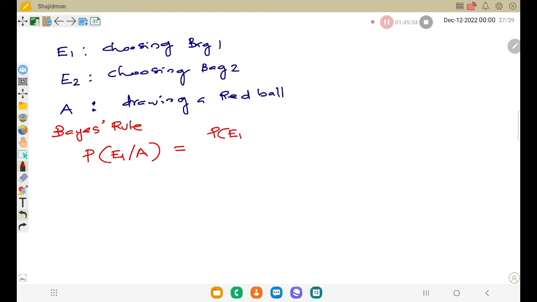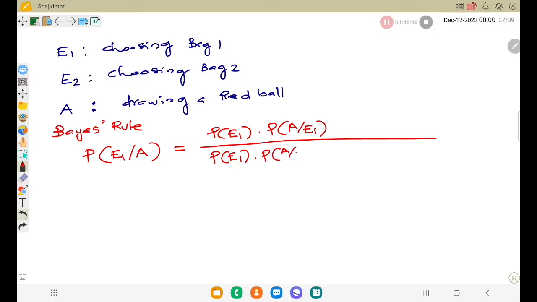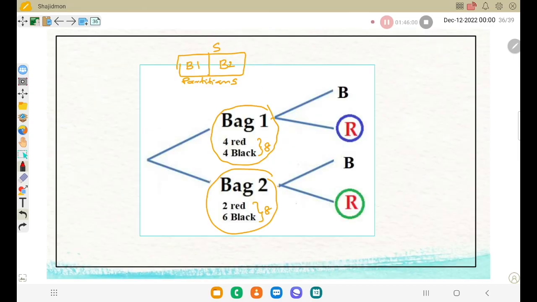Probability of that particular bag E1, multiplied by probability of A given E1, divided by the total probability. Here there are only two partitions, so starting from the first partition: probability of E1 multiplied by probability of A given E1, plus probability of E2 multiplied by probability of A given E2, correct? Two partitions only, so two terms in the denominator, the total probability.